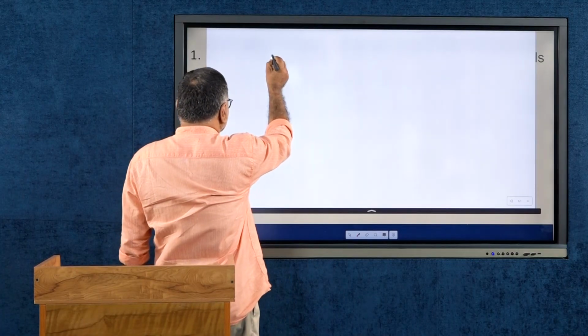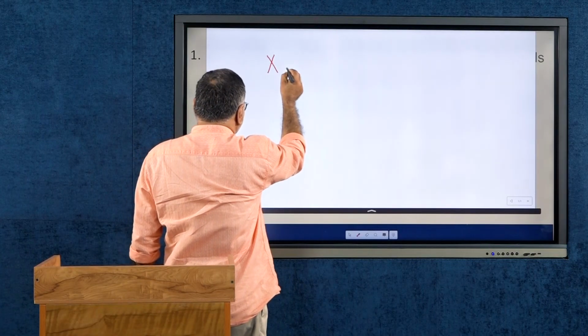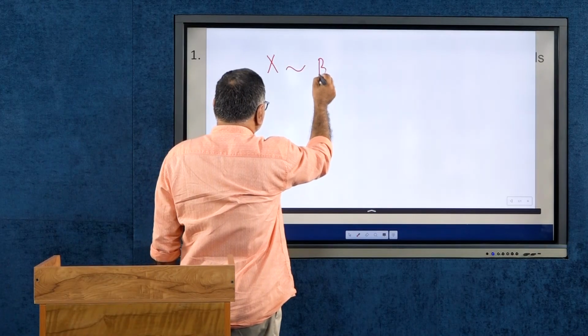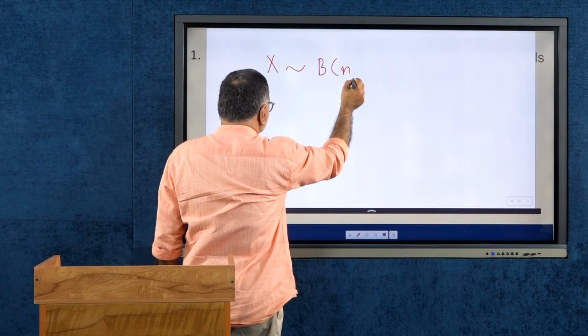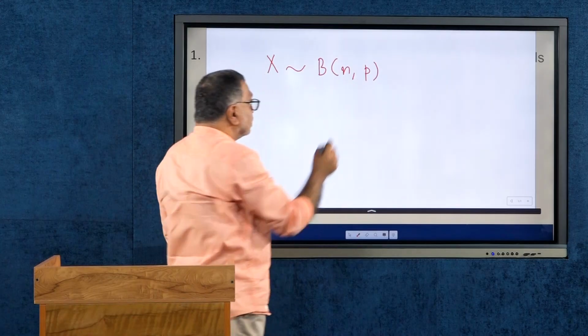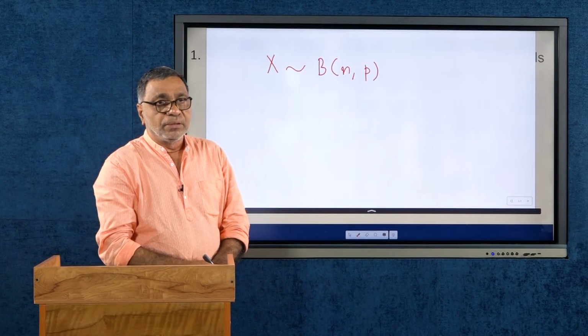suppose x is a binomial random variable.